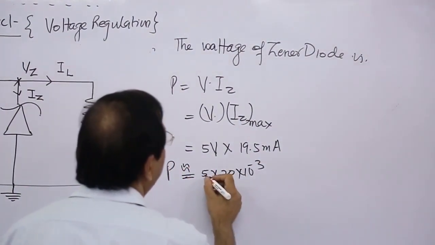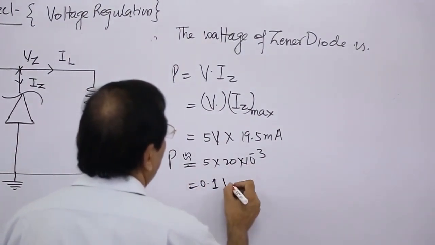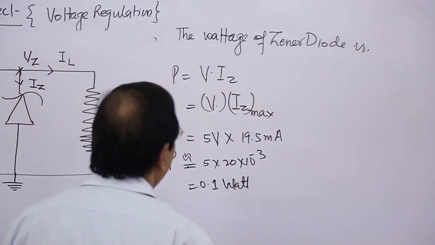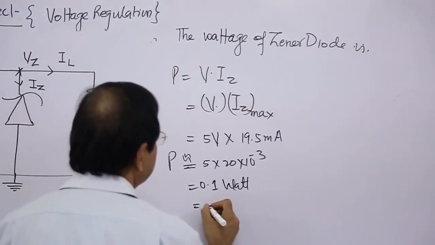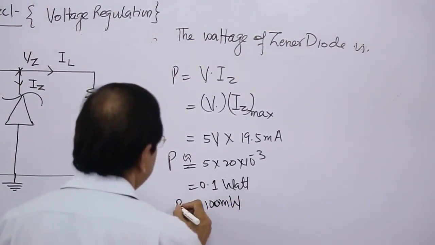This value is 5 into 20 is 100, so this is 0.1 watt. 0.1 watt means you can say 100 milliwatt. This is the wattage.